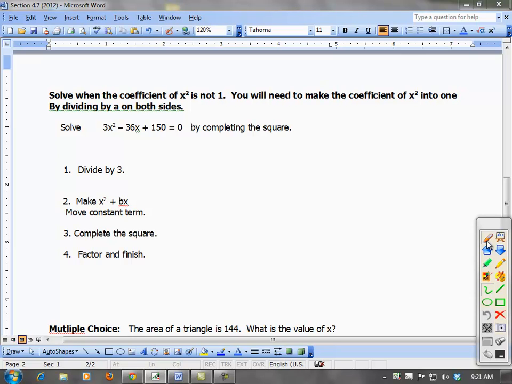Not a big deal because 3 and 36 and 150 are all divisible by 3. So what we're going to do is divide each of these quantities by 3, and I should do it on the other side, even though it's not going to change anything here, but it might at some point in time. If I do that, I get x squared minus 12x plus 50 equals 0.